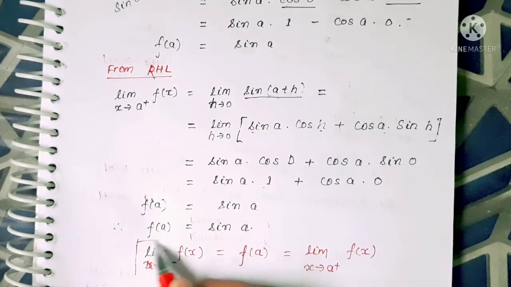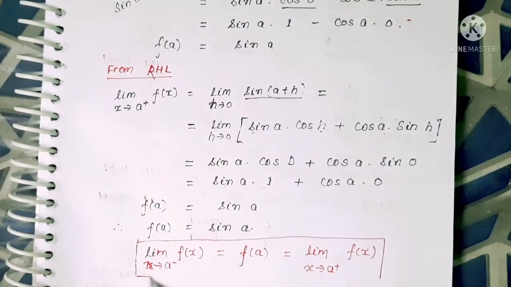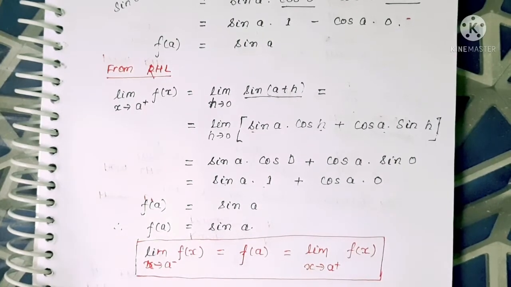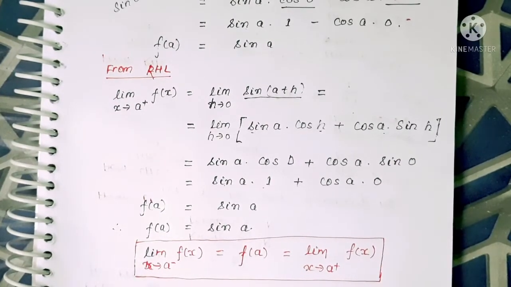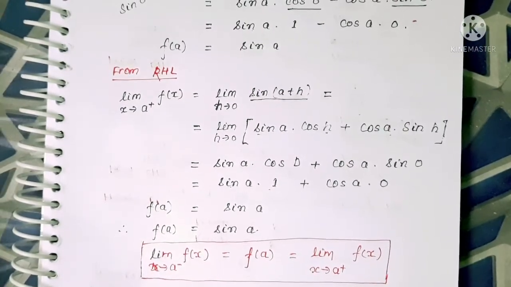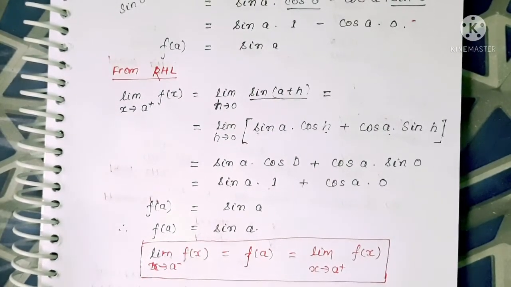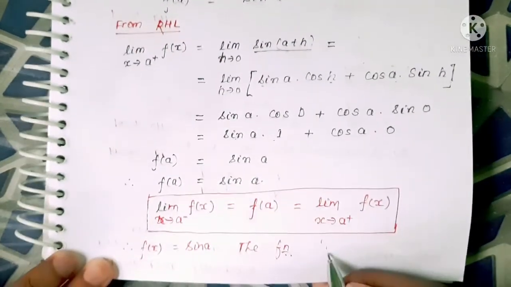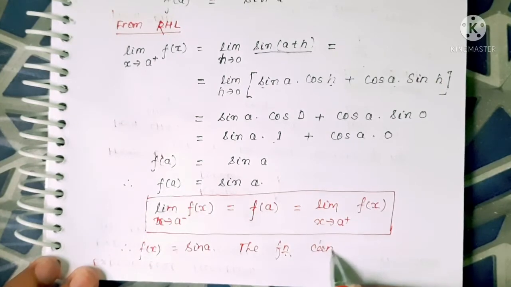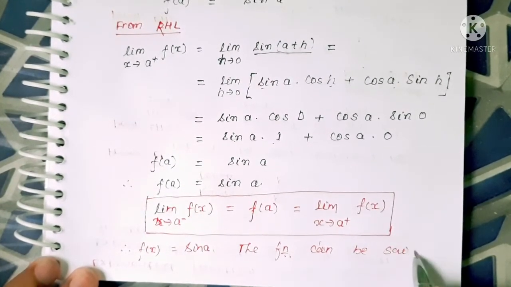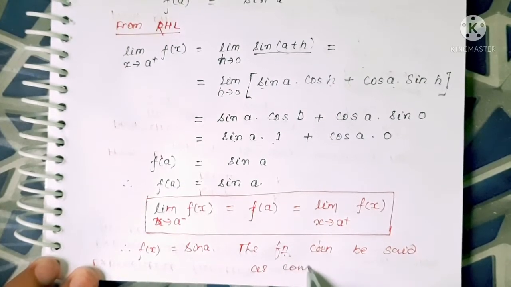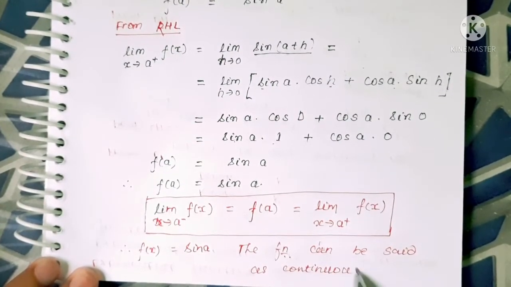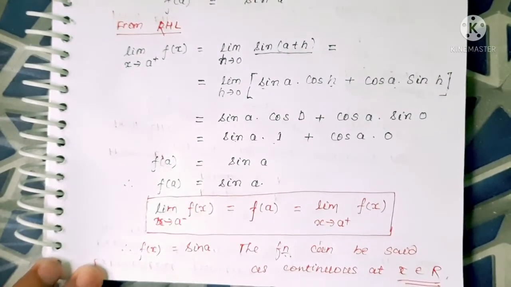So in all three criteria the value is the same, that is sin a. Hence the function f(x), we have got sin a. The function can be said to be continuous at x belonging to the real numbers, that is its domain.